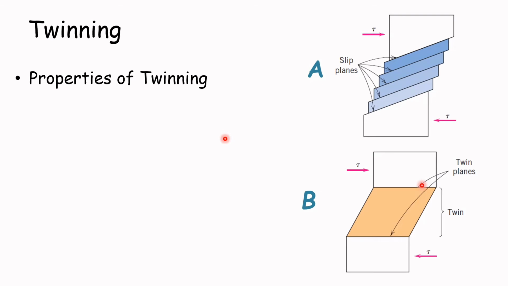Twinning also occurs at low temperature and high rates of shear loading, or shock loading. It also occurs when there are few slip systems present, restricting the possibility of slip. And finally, twinning also produces a small amount of deformation when compared to slip.